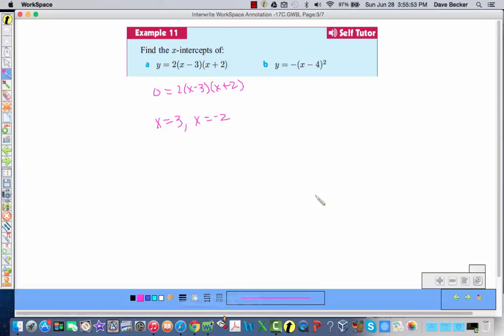I'll graph that for you once the calculator warms up. What about this one? What would it take for y to be 0 here? That would simply be x equal to 4. You might think, wait a second, it's squared. But the squared part is inside the parentheses, so that has to be 0. The only possibility here is x equals 4.